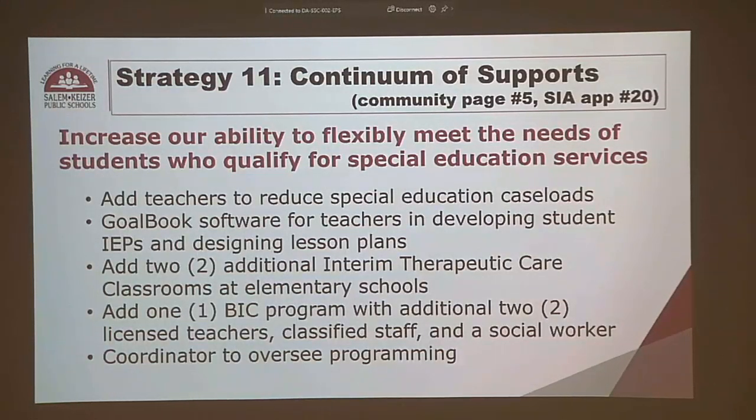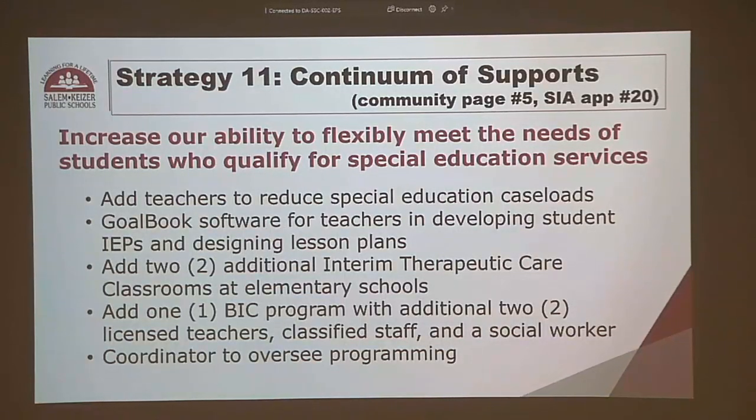We'd like to add 2 additional ITCC classrooms at the elementary level, and we spoke a little bit about what those look like. We'd like to add 1 BIC program and 2 additional licensed teachers, as well as classified staff and a social worker who's devoted specifically to our students that are in the BIC program. And remember, we have 42,000 students.